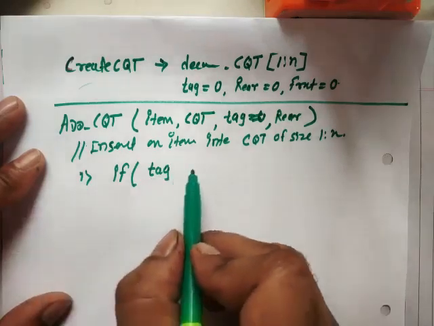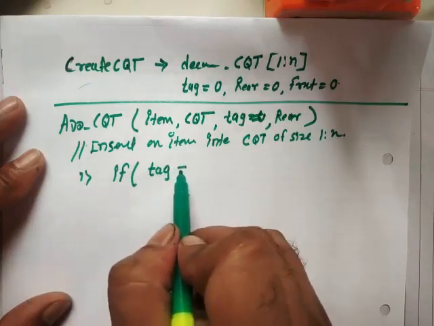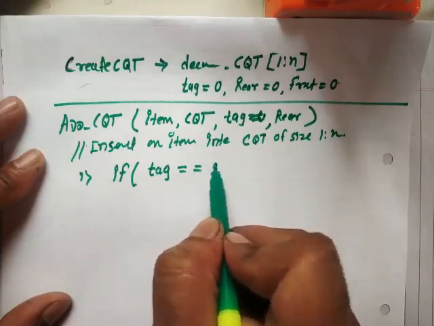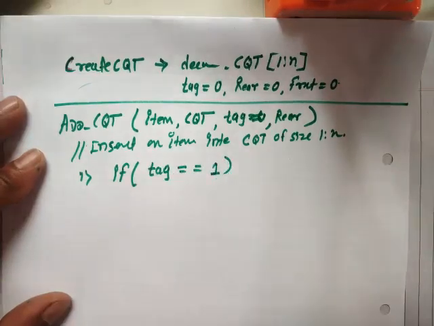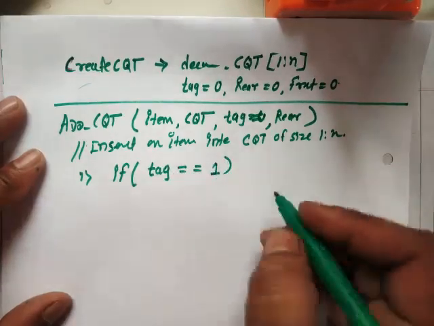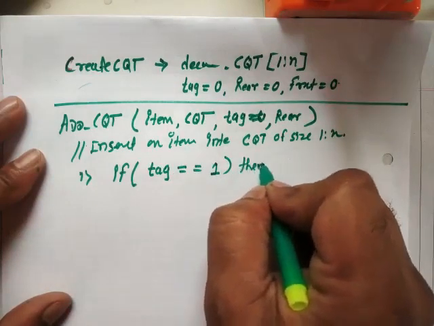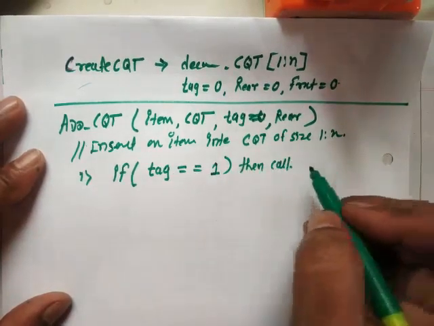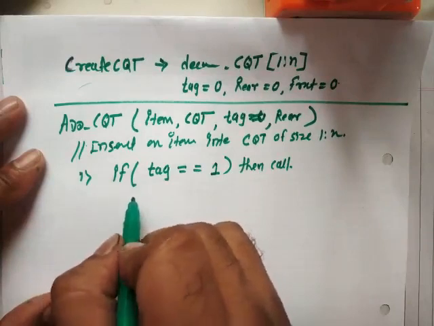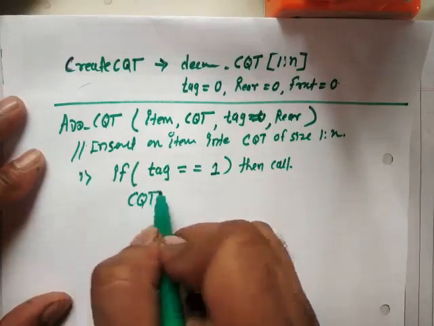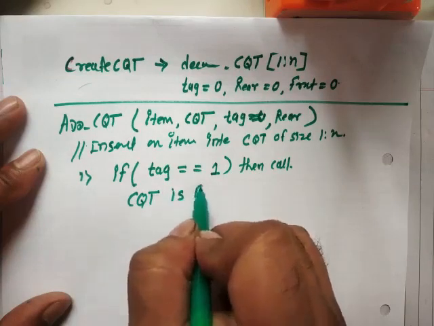So here we put: if our tag is equal to 1, then call CQT is full, meaning circular queue with tag is full.